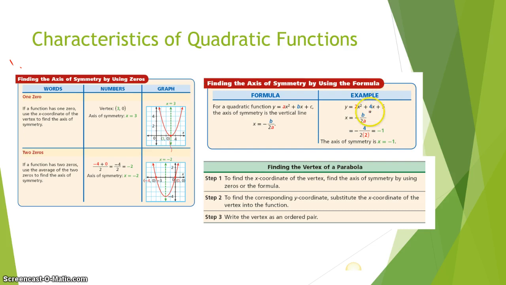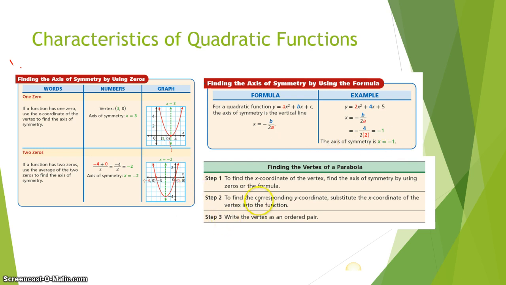Here we have an example, 2x squared plus 4x plus 5. What is my b value? That's 4. Notice it's in blue. My a value is 2, which is in red. So you take the opposite of your b value, -4, divided by 2 times 2. -4 divided by 4 gives me -1, so my axis of symmetry is going to be x equals -1 here.